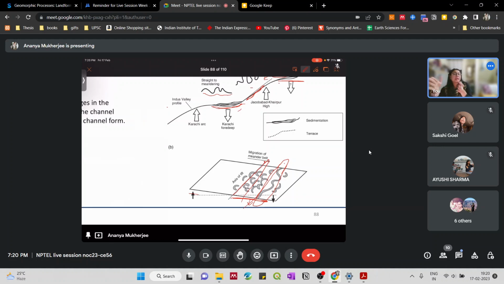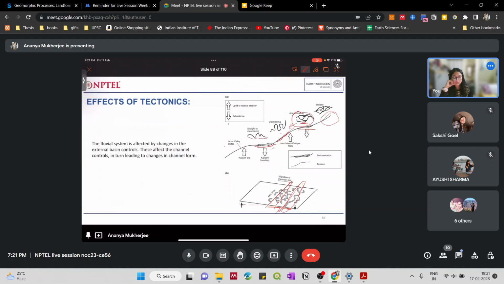You can say that the channel has moved from one place to another, or the meandering part of that river channel is moving from one place to the other, in response to the changing elevation or changing topography. So these are external basin controls, and they will affect the channel patterns or the channel form that is forming in that region.